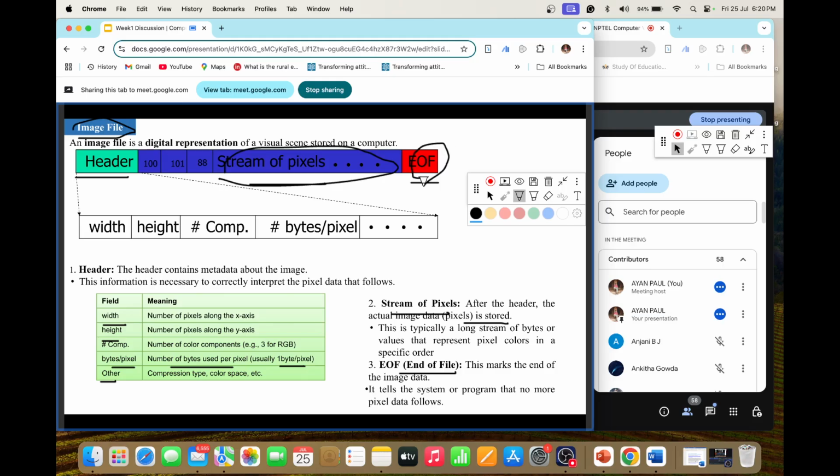So again I am repeating: you are taking an image but you have to store it somewhere. So we store it in the computer in the form of an image file. An image file has three sections: header, stream of pixels, and end of file. The header is the first part.